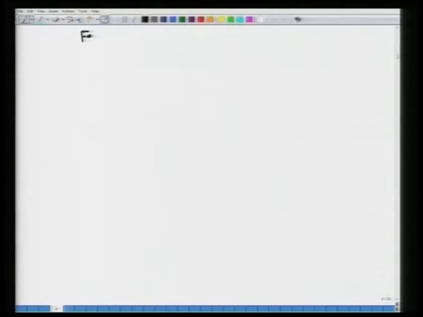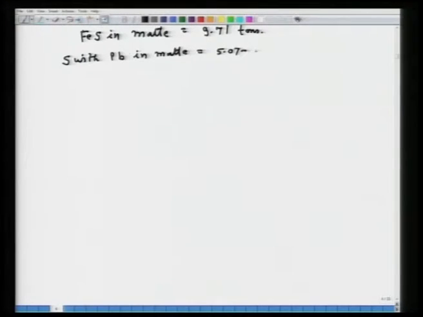So, now I can calculate FeS in mat. FeS in mat will be 9.71 tons. So, now I can calculate sulfur with lead in mat, that will be equal to 5.07 minus 1/3, as I earlier calculated, minus 3.53.